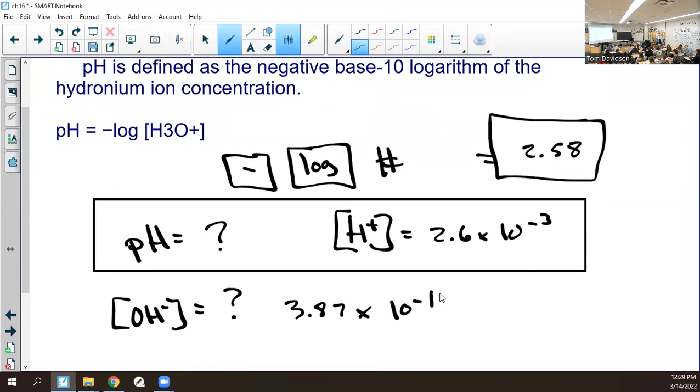It's probably the negative 11. Was it negative 11, Isaac? The exponent.